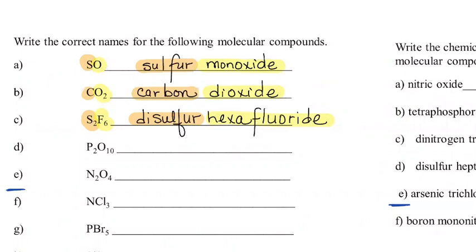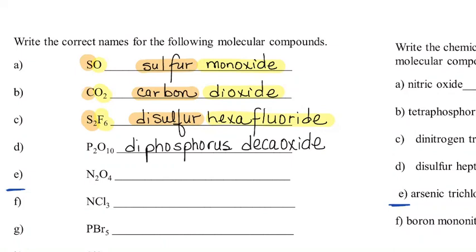That is a great attempt. The first word is written correctly. Diphosphorus. The second word, it was deca oxide. Remember that I told you guys to be careful with the deca oxide? Hey, you tried. I'm happy.